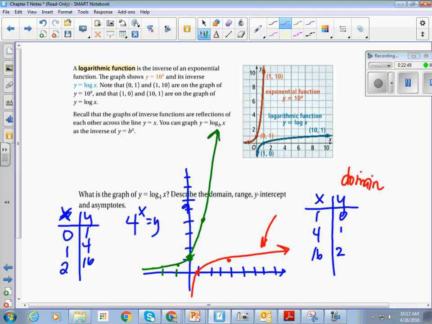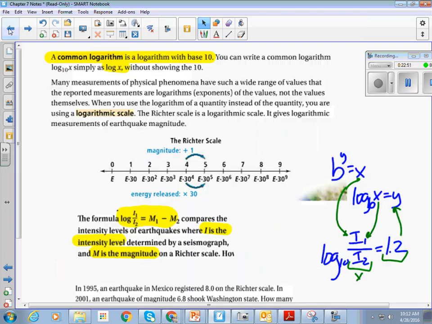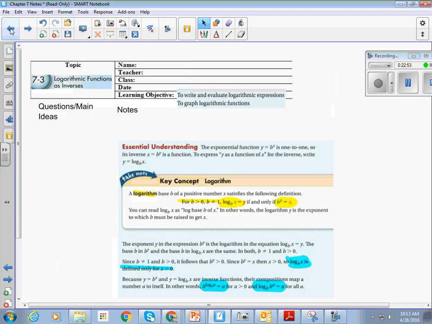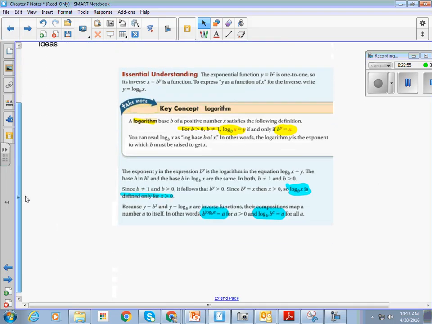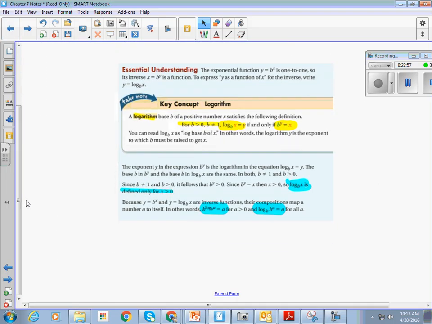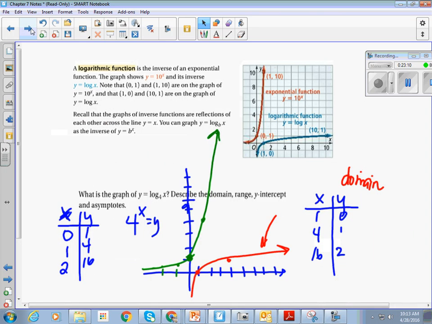You're going to make me go back to the first? Okay, we're going back to the first slide. Here we go, on a journey. So the log base b of x is defined only for x greater than 0. So we can only have x greater than 0. So our domain is x greater than 0.